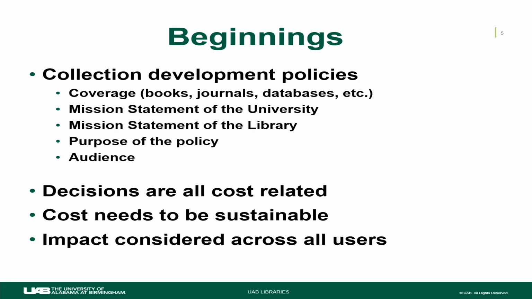The cost must be sustainable. It must be within the budget and then can go forward for 2 to 3 years, depending upon what the policy of your university or your institution is. Because we need to look at it from an overall standpoint, not just the current year. And then you need to consider the impact across all of your user communities.